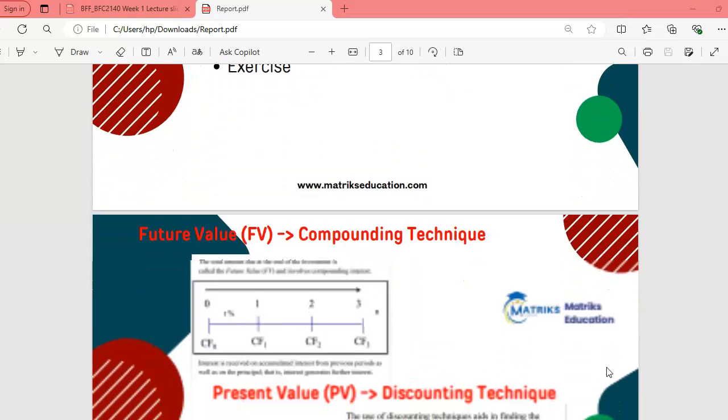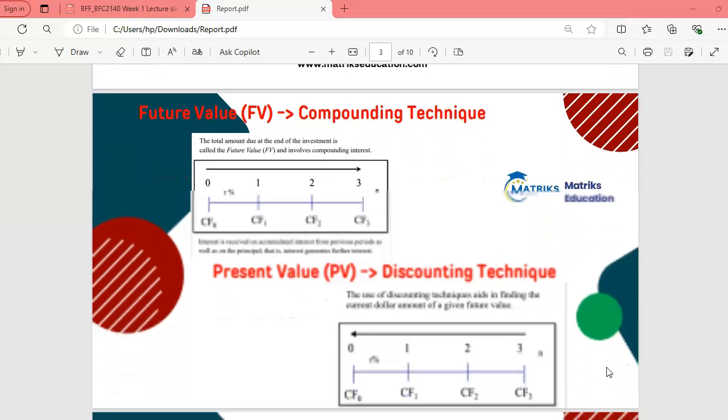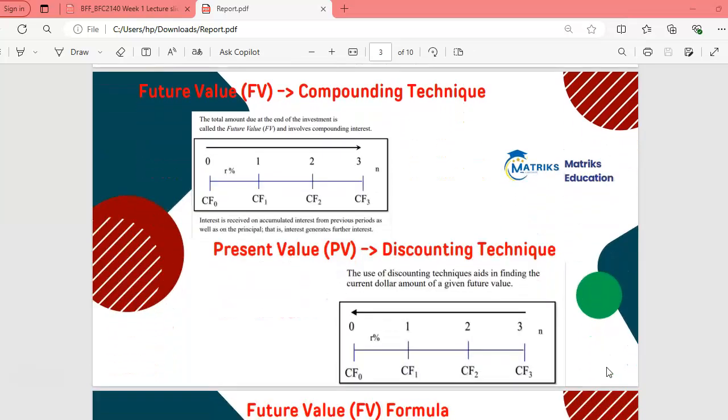Now we will learn about the difference between future value and present value. Future value, or we can also call it the compounding technique, is the total amount of your money due at the end of investment.